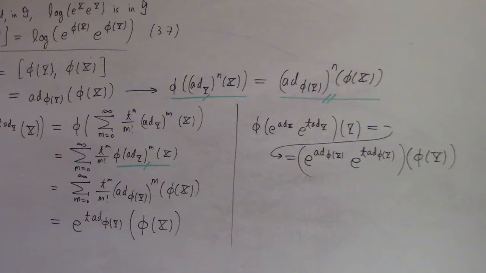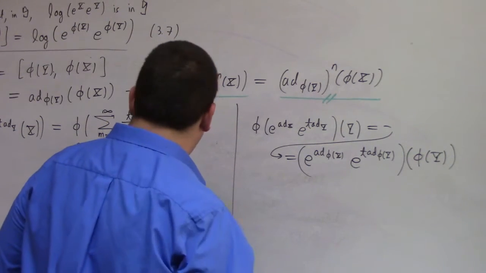The two things that are underlined in green, couldn't you do the same equivalence with his new one that he introduced here, the e to the add x, e to the t add y? Elaborate.